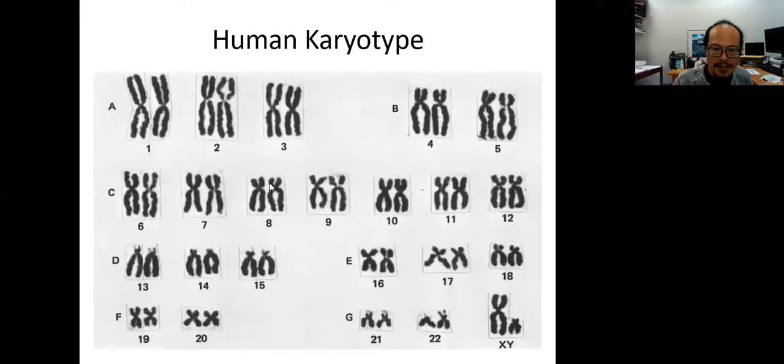A typical one will be something like this. You can see that this one and this one are sister chromatids, and they are connected at their centromere. You also have a homologous chromosome, one from mom, one from dad. They are homologous, they are not identical.